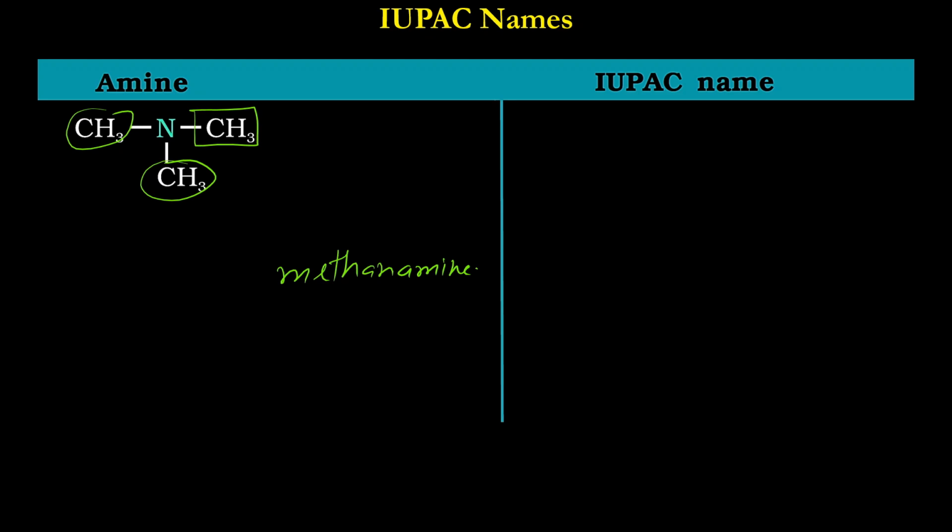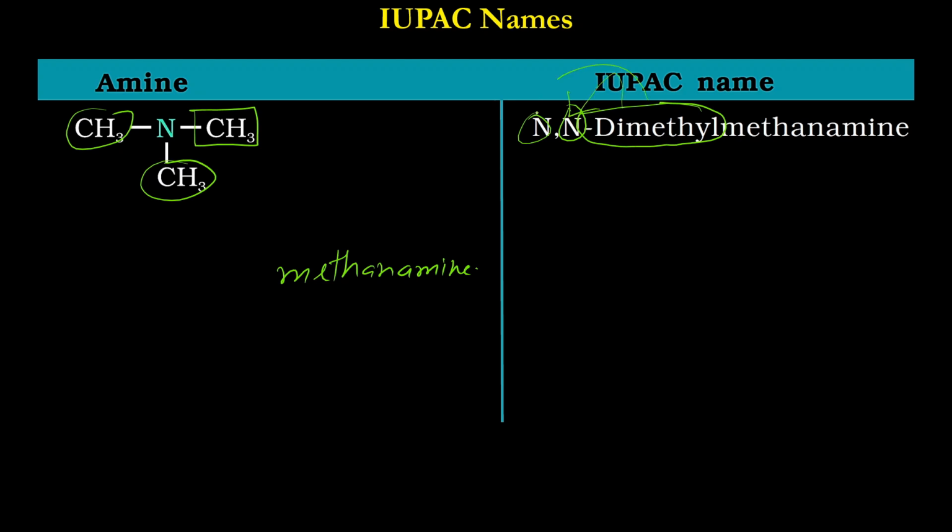We could have written N-dimethyl, because both are attached to nitrogen, but the convention is that we write N,N-dimethylmethanamine. That will be the IUPAC name here. So N,N means both of these methyl groups are attached to nitrogen, and obviously the parent was methanamine.